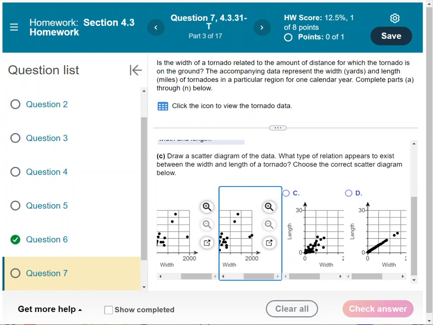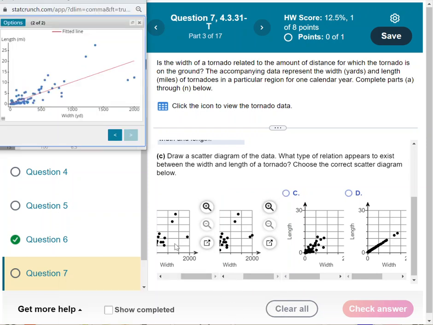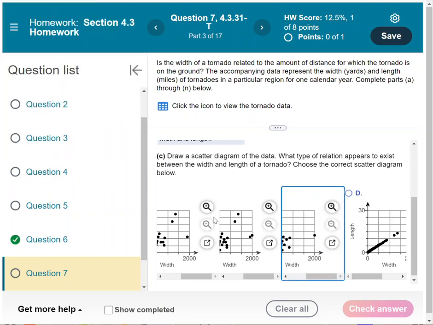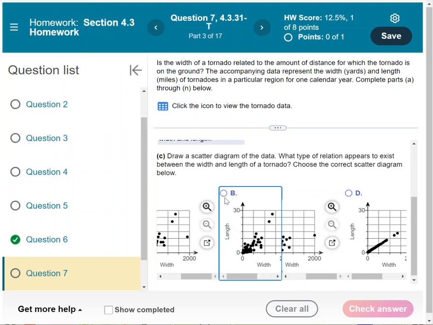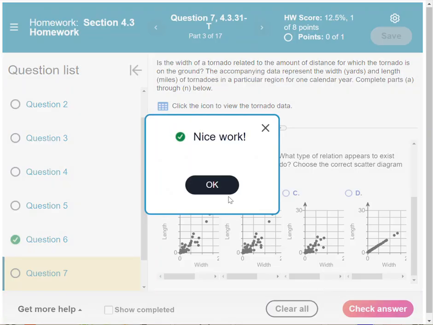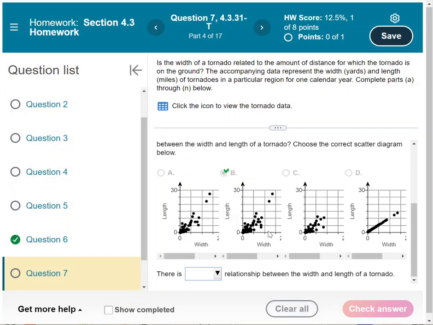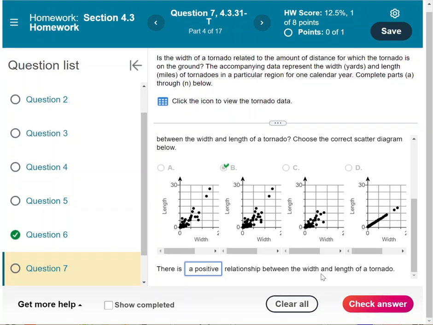I think it looked a little different than that. So this one's a possibility. Actually, this one looks like it might be the one. Yeah, I think we're looking at B here. All right, let's see. It looks like it's a positive linear relationship, although most of our points are down here. So a positive relationship between width and the length of a tornado.